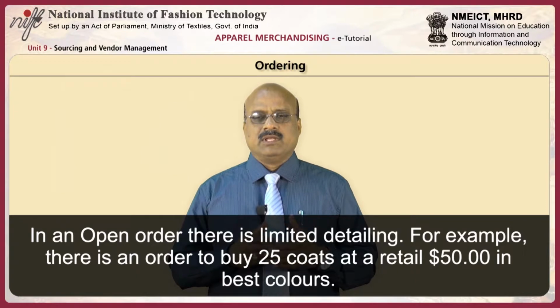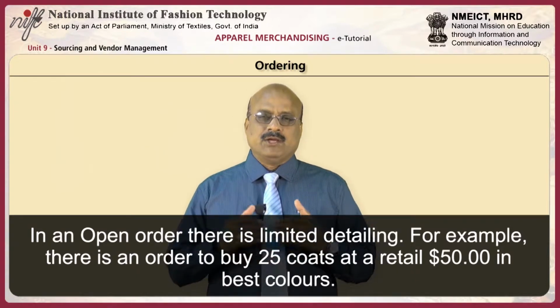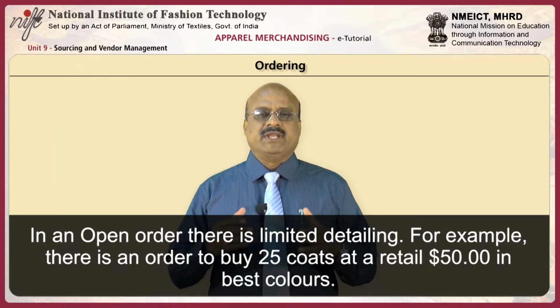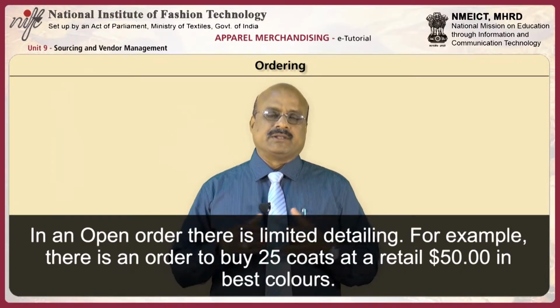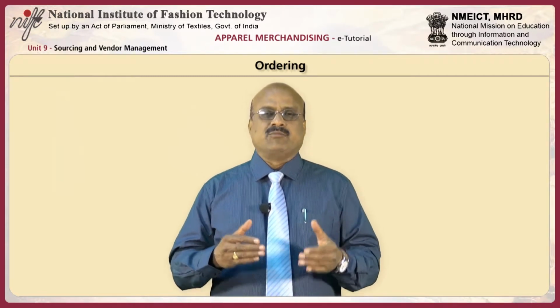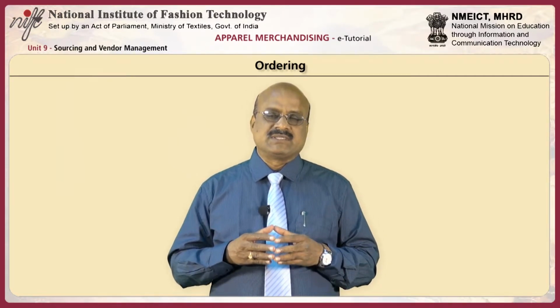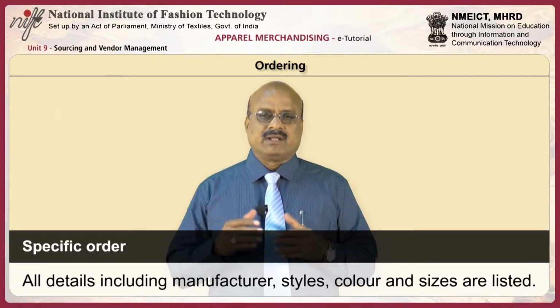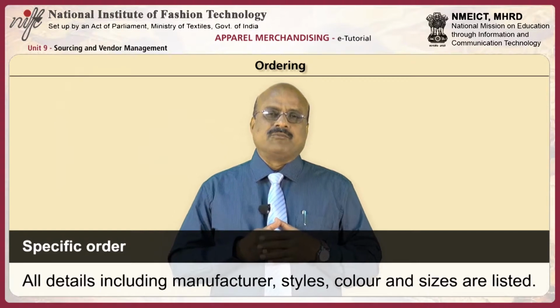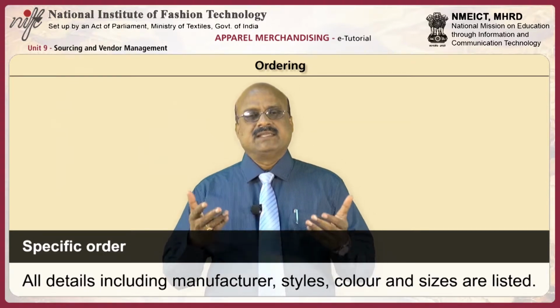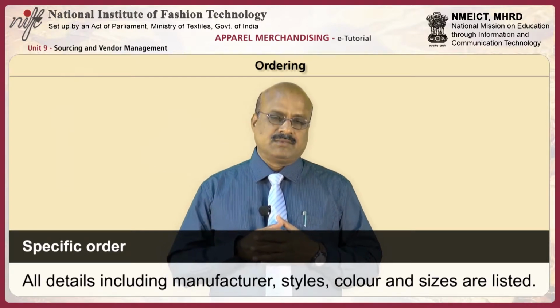For example, there is an open order to buy 25 coats at a retail price of $50 in best colors. Here, the resource is discretionary and the buying house representative exercises judgment. In a specific order, all details such as manufacturer, styles, color, and sizes are listed.